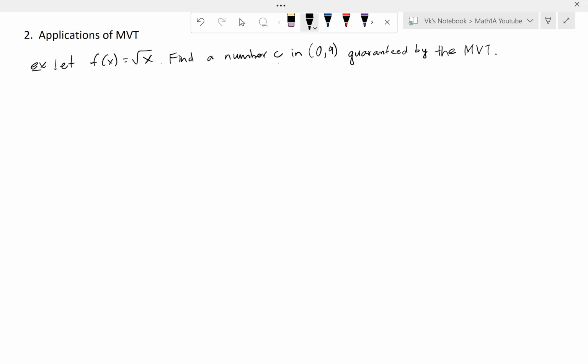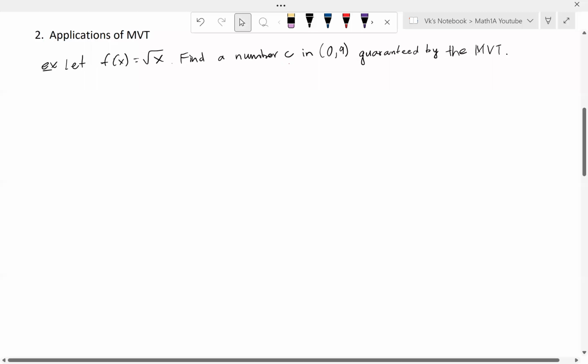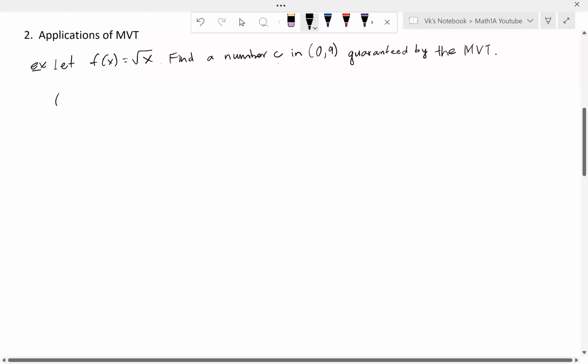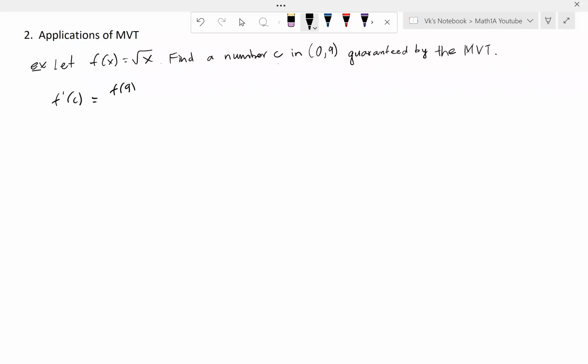We know the mean value theorem tells us that there's a c such that f prime c equals f(9) minus f(0) over 9 minus 0.